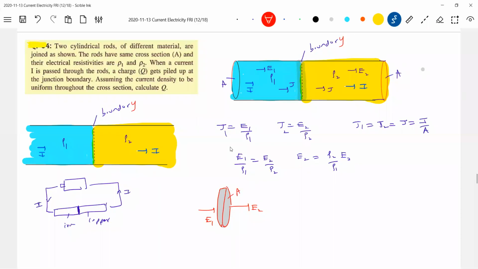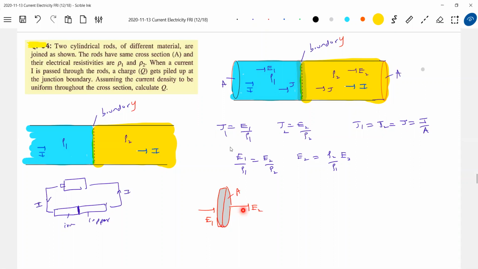Can you say anything about flux? If E1 equals E2, whatever flux entered, that much flux has left, no? You have to recollect some ideas of electrostatics here. How many lines of force will enter, those many will leave.